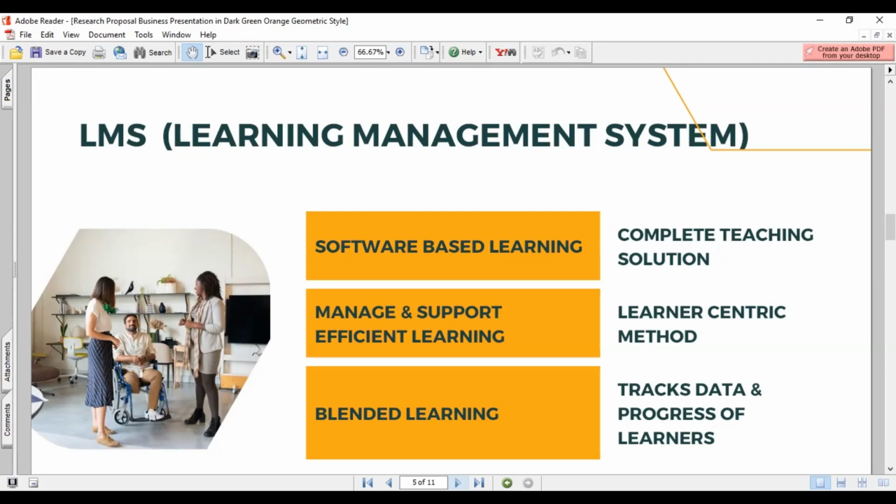That helps us to manage and support efficient learning, because the learners are forming a very vital role in the process of teaching learning. So that is another very important factor in LMS.